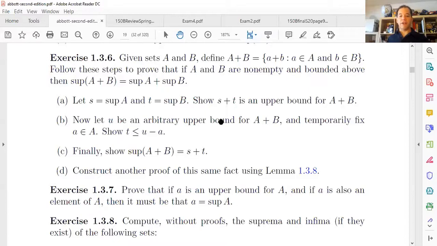And it's outlined right here how you could do it. So let's remember that the supremum of the sum is the sum of the supremums. Could we maybe use these to our advantage? The difference here is that we don't appear to have two supremums. So we'll take a look at that.